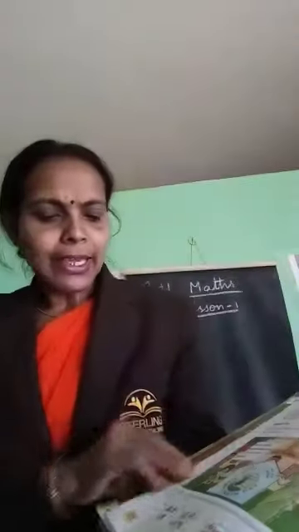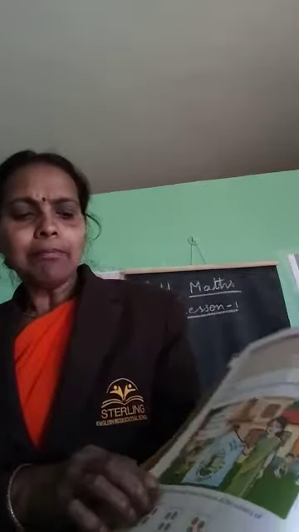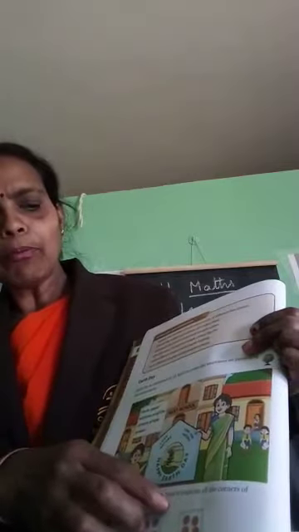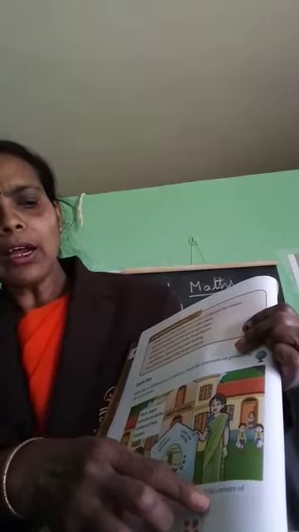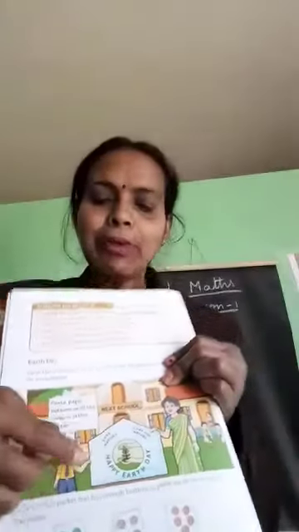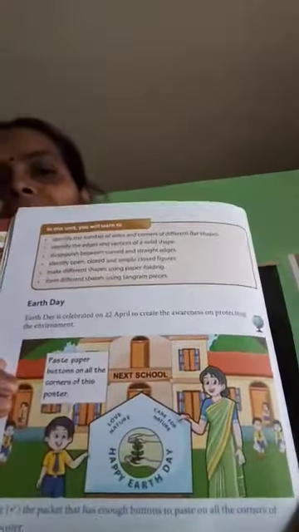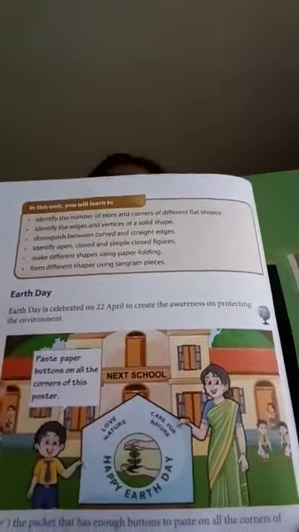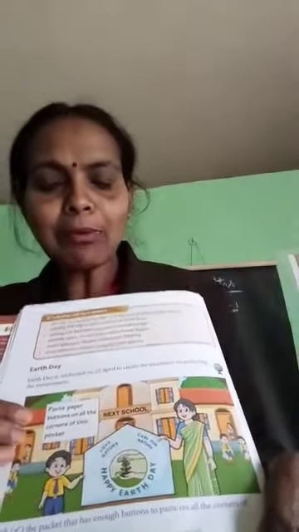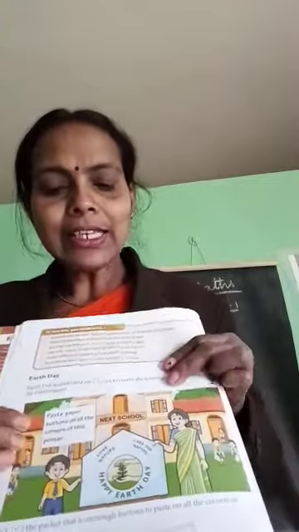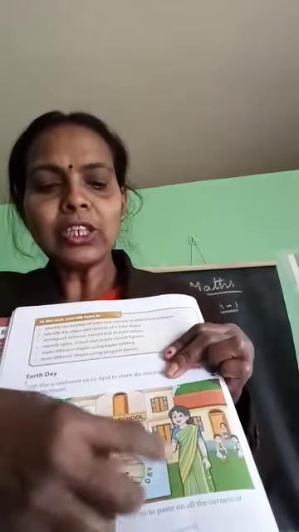See the question. The question they have given is: pick the packet that has enough buttons to paste on the corners of the poster. This is the poster. They have prepared this poster on Earth Day. Tell me how many buttons are required for this poster. Here it has 5 corners. 1, 2, 3, 4, 5.